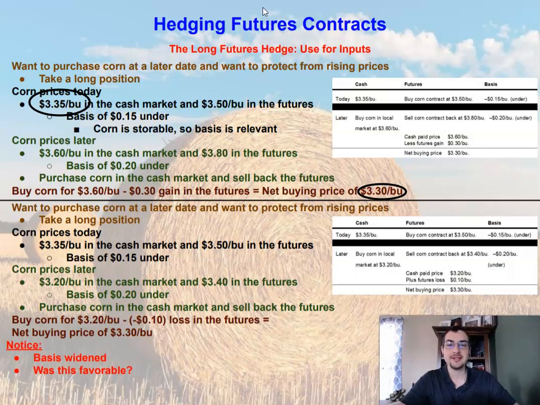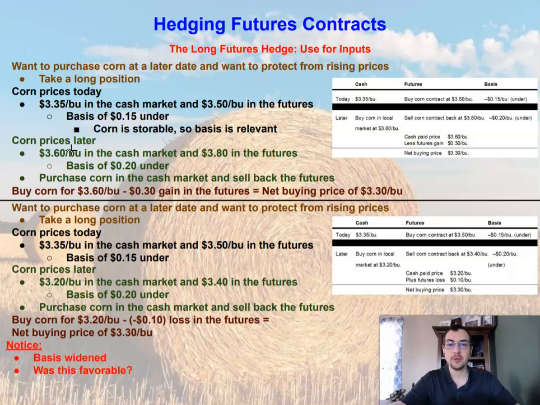So guess what, ladies and gentlemen? They actually got it for cheaper than what they originally could have bought it for. Why is that? The reason is that the futures price actually gained, or we had a larger gain in the futures of 30 cents than what we lost in the cash of 25 cents.